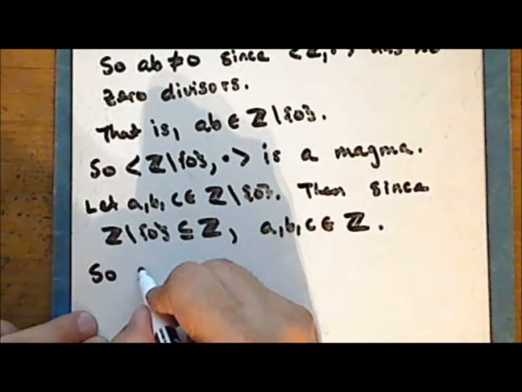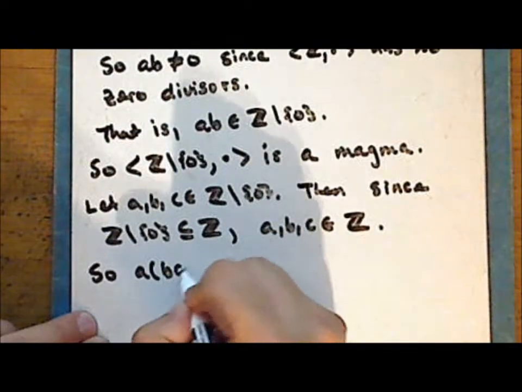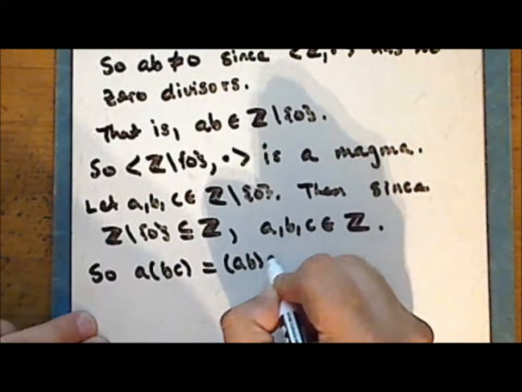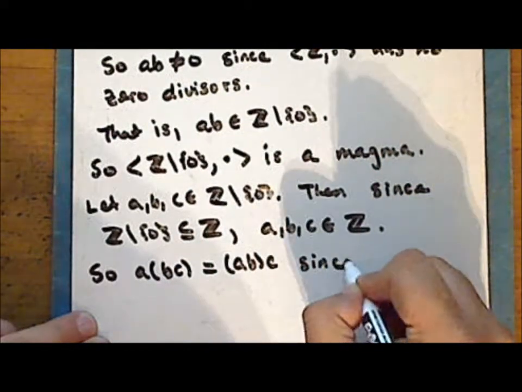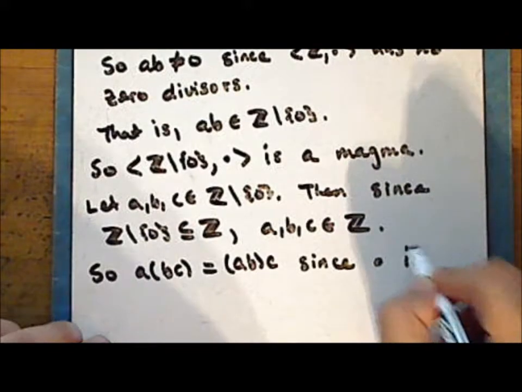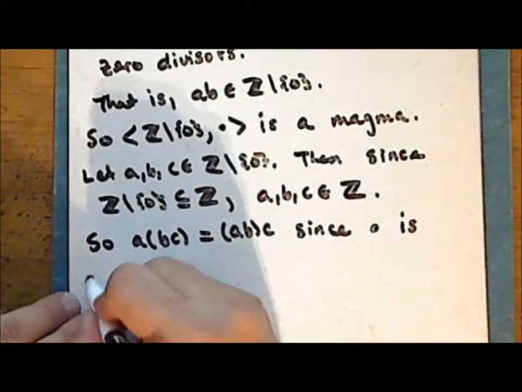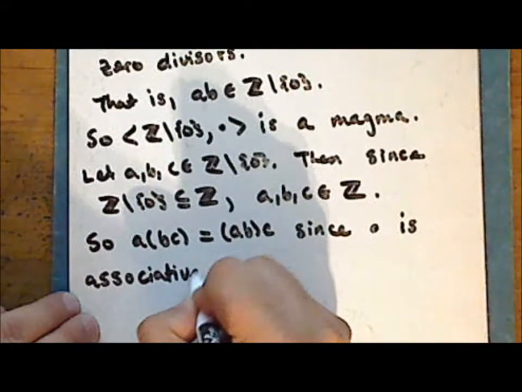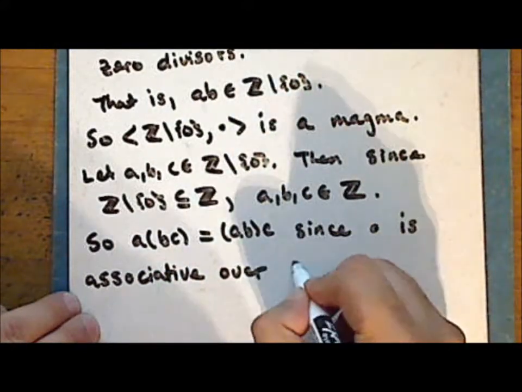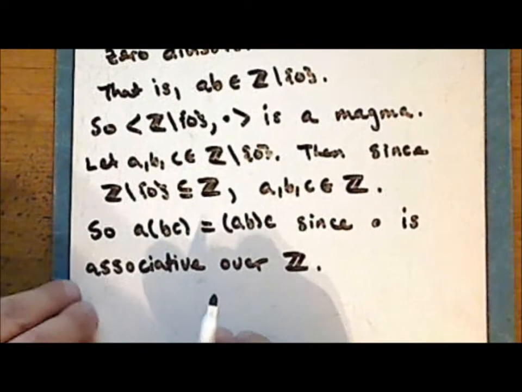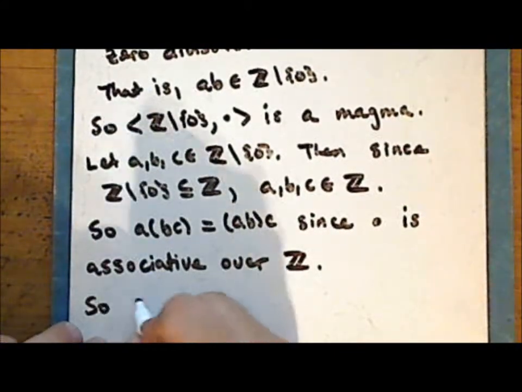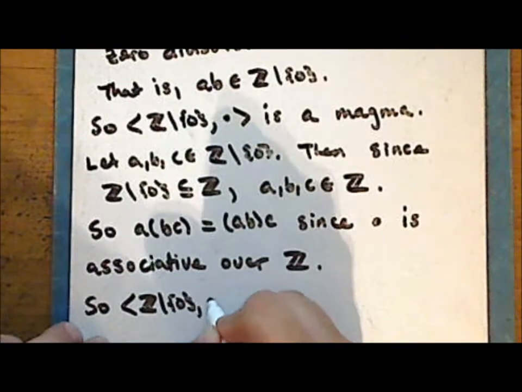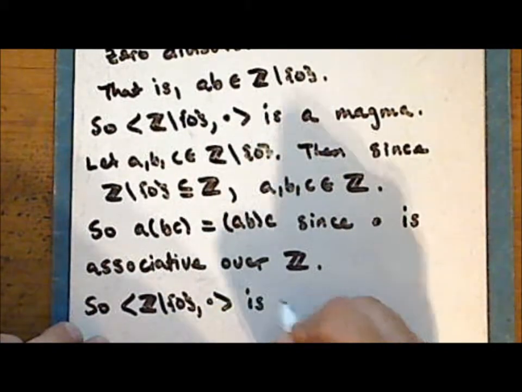And so the product, A times the quantity, B times C, is equal to the quantity, A times B times C, since multiplication is associative over the integers. And so the structure consisting of the non-zero integers under multiplication is a semigroup.